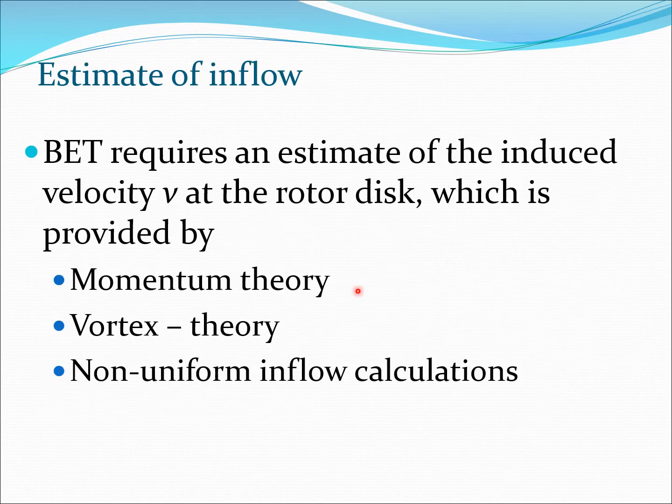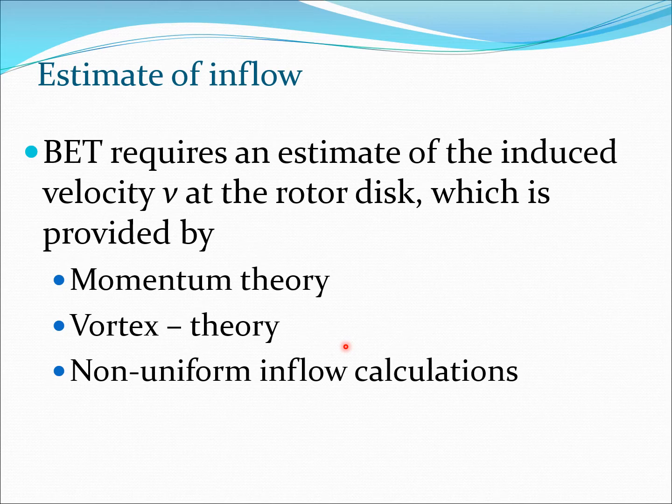BET requires this induced velocity in its formulation, and so one of the reasons we developed momentum theory before BET is that we can estimate induced velocity from momentum theory and then use it in BET. But we are not restricted to momentum theory. If we want, we can use more advanced theories to calculate V. For example, we could use vortex theory, or non-uniform inflow calculations, where lambda would be a function of the radial location as well as psi.